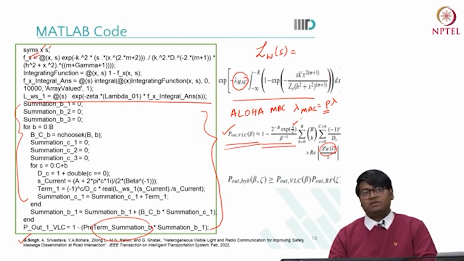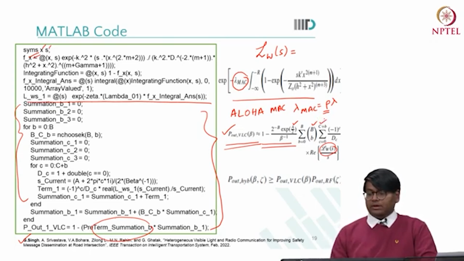The error estimation can be controlled using these parameters A, B and C. We implement this outage expression using simple MATLAB programming. The details of how we obtain this outage probability can be found in this particular reference.